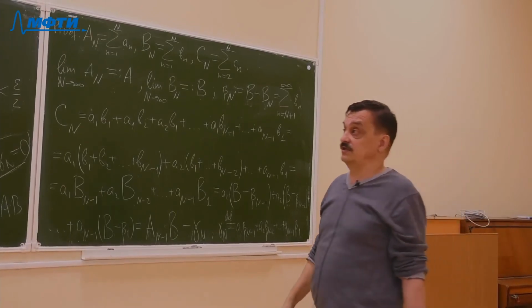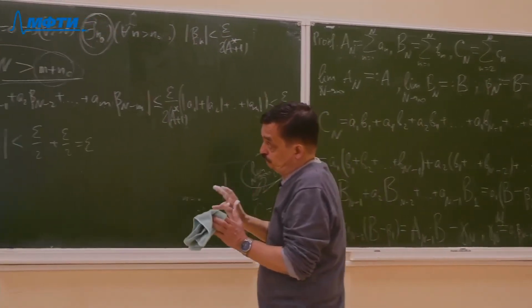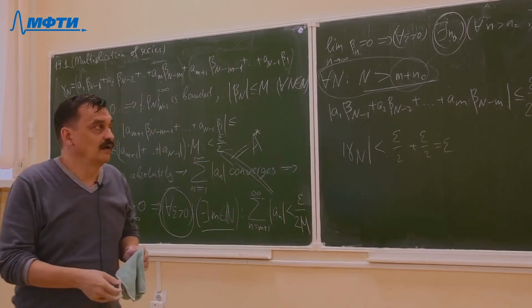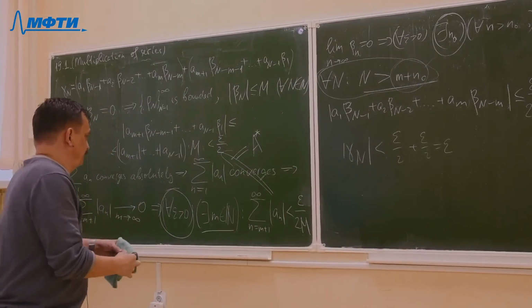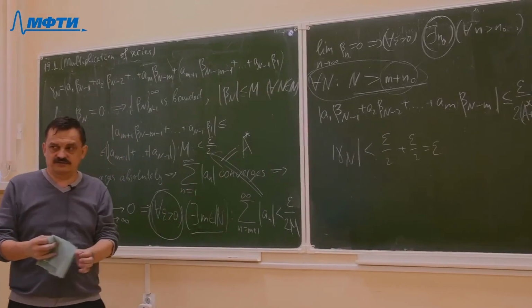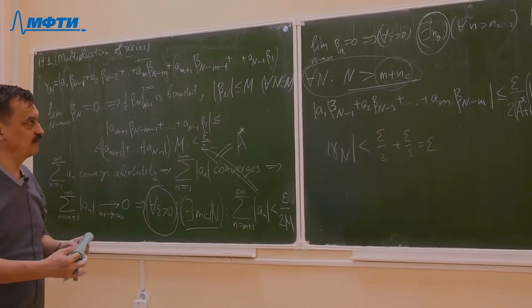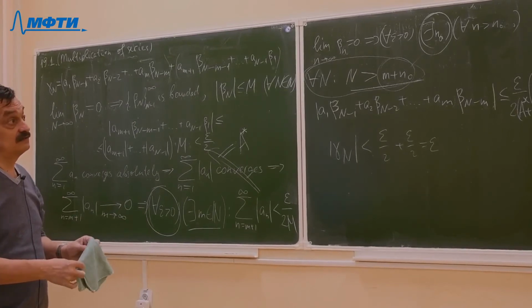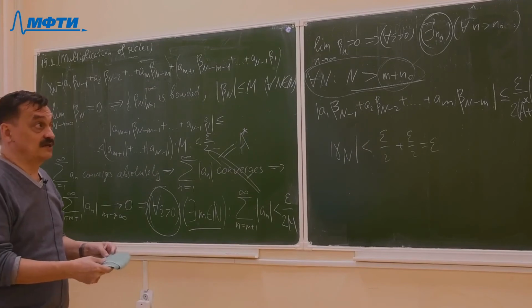So you see, a rather thin consideration, and of course it heavily uses absolute convergence of the series of a_n. And this is in fact an essential restriction.